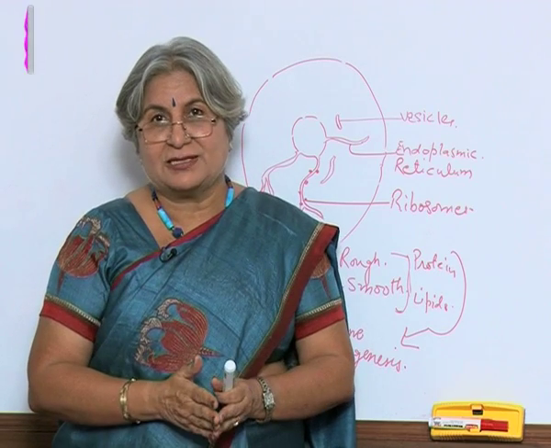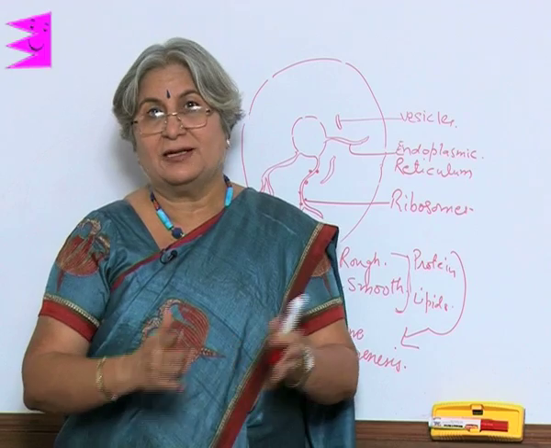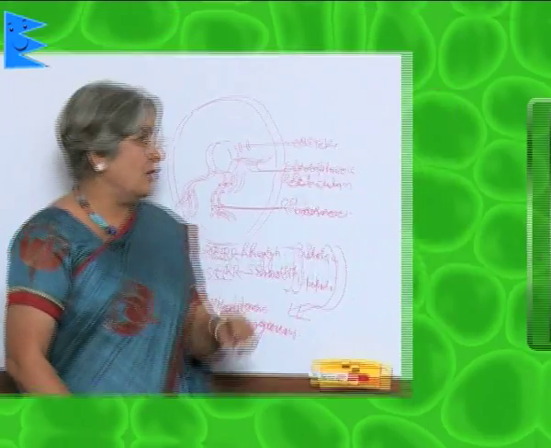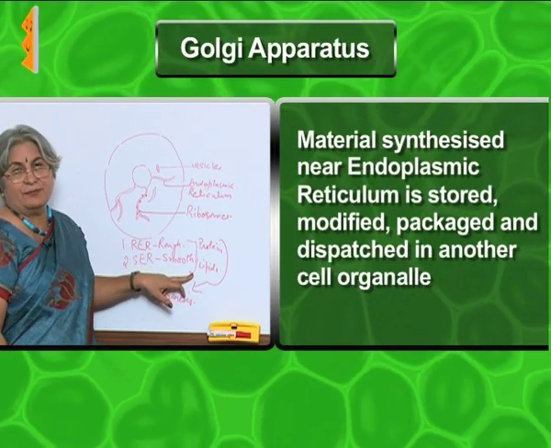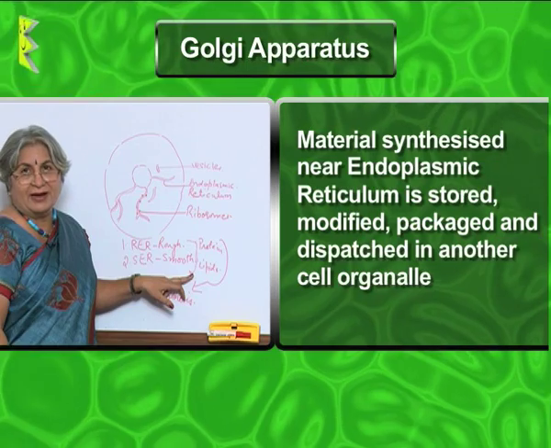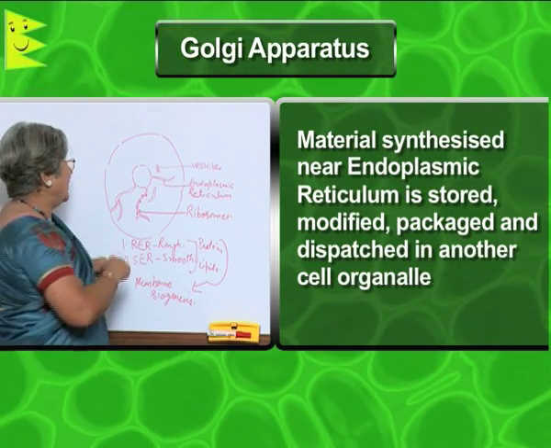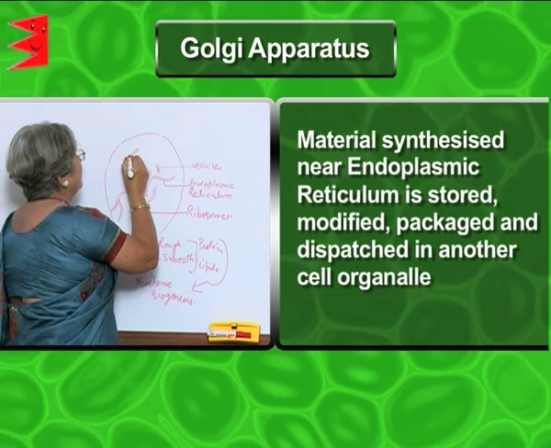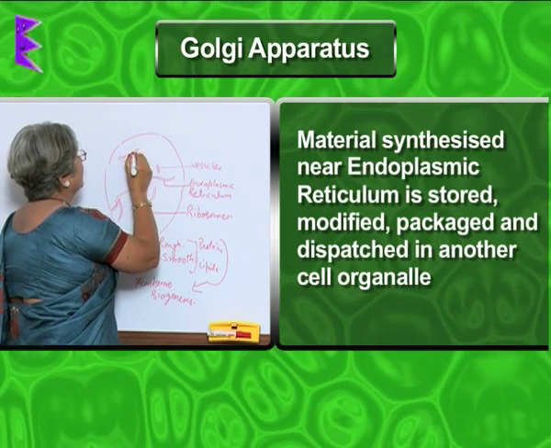Packing is also done at some other place, and before that it has to be stored. Same is true for the cell. So whatever lipids and proteins are manufactured, they are stored, modified and packaged in another cell organelle called Golgi bodies.